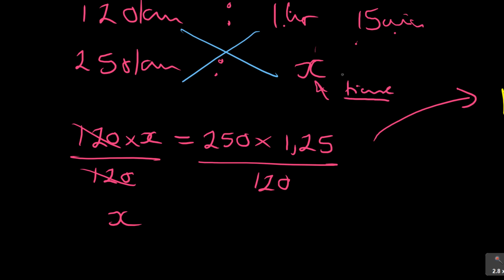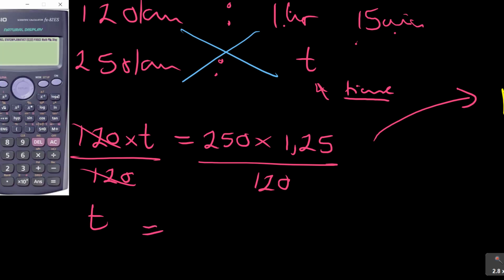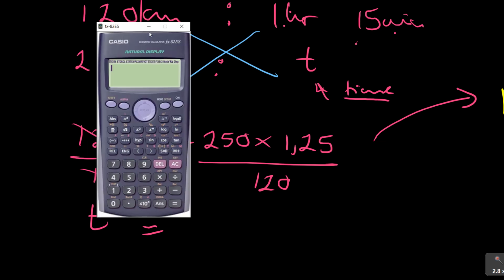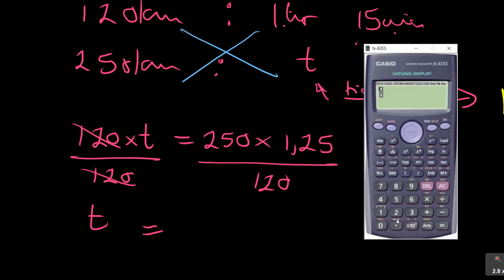You could have said t for time instead of X. Even here, I can substitute and say t for time. So I can simply not get confused and say what my time is equal to. You use the calculator at that stage, it will assist there.